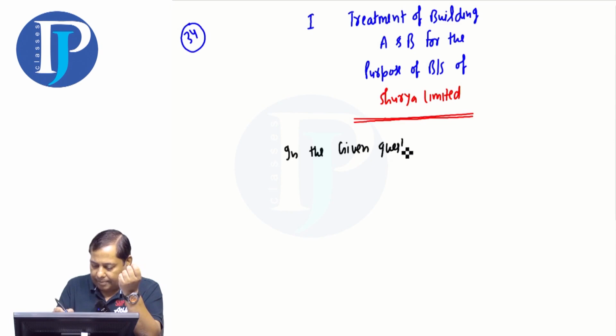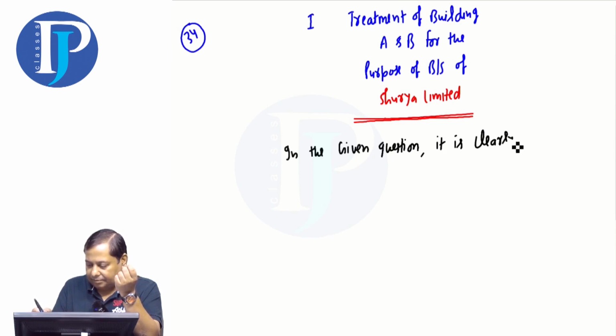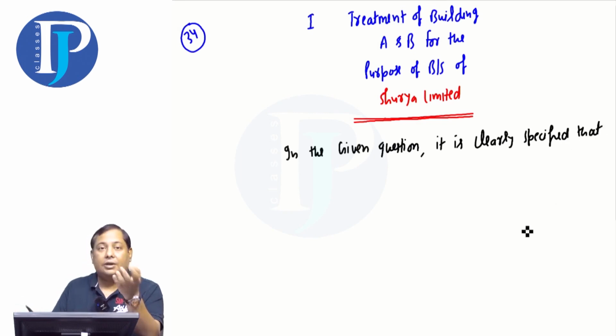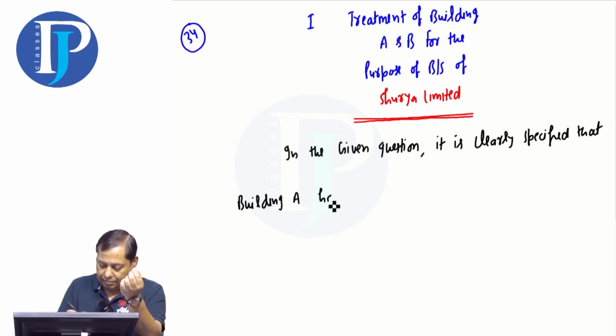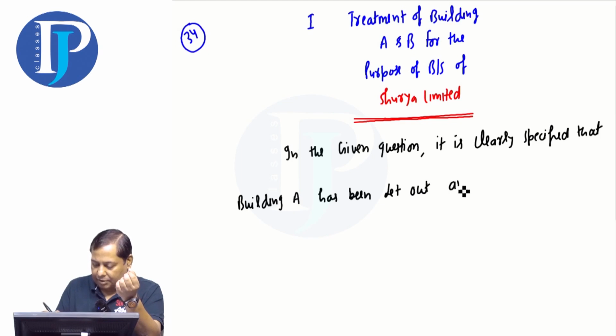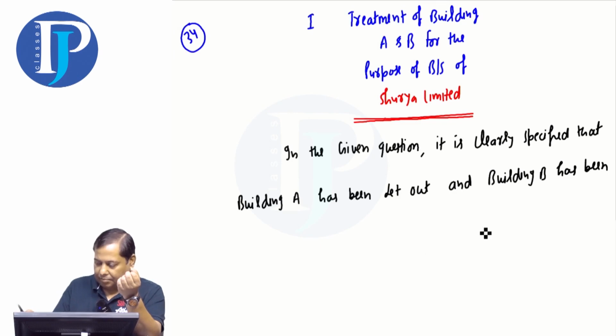In the given question, it is clearly specified that building A has been let out and building B has been held for capital appreciation.